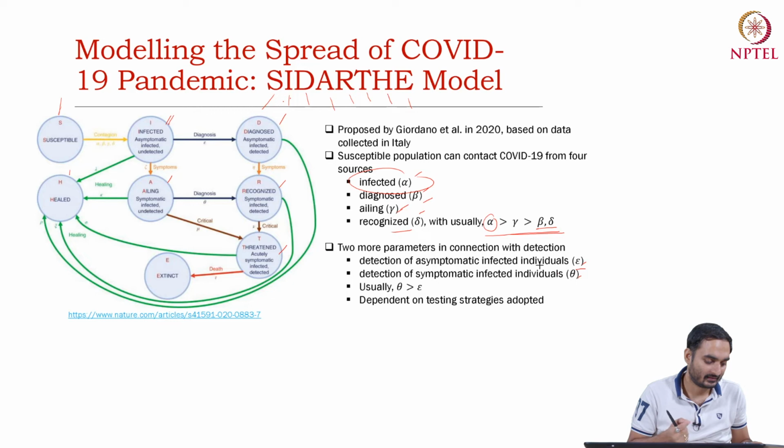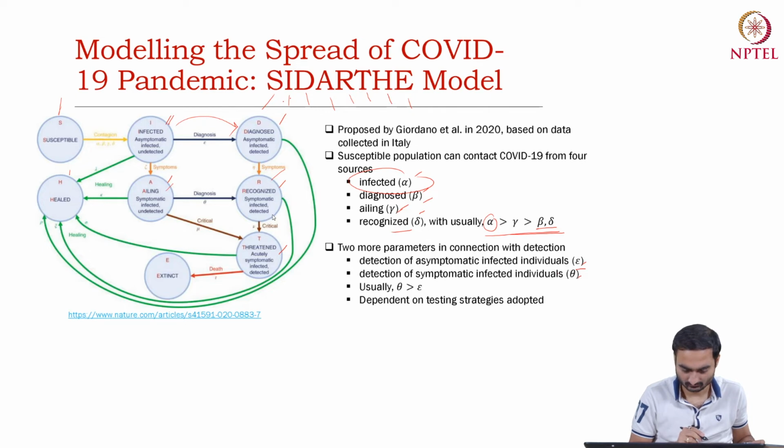This is basically the transition from infected to diagnosed, this one, right. Similarly, we have theta, which basically moves population from ailing to recognized, right. Symptomatic undetected to symptomatic detected.